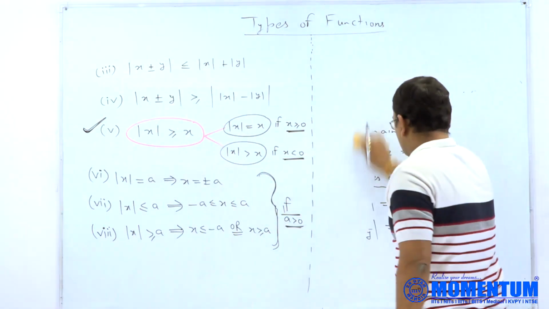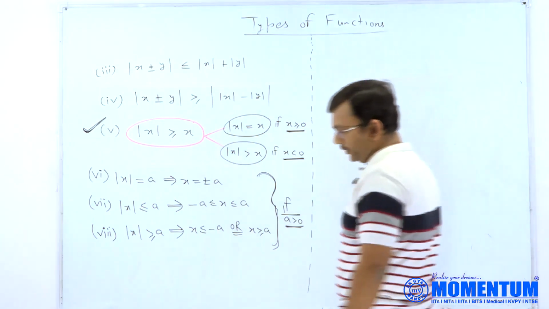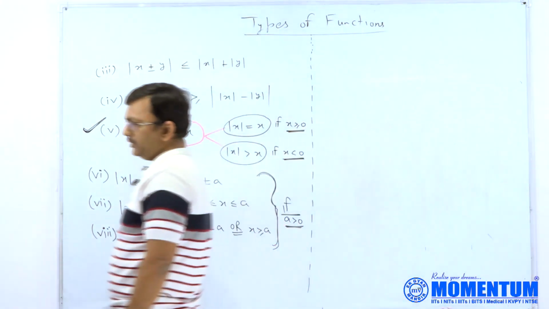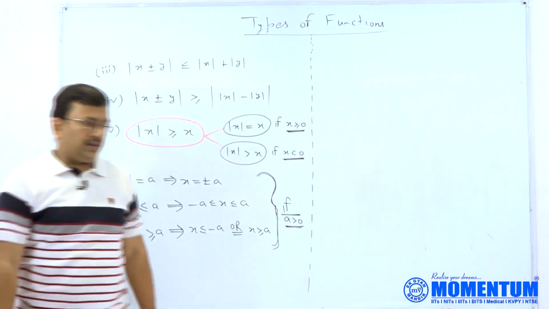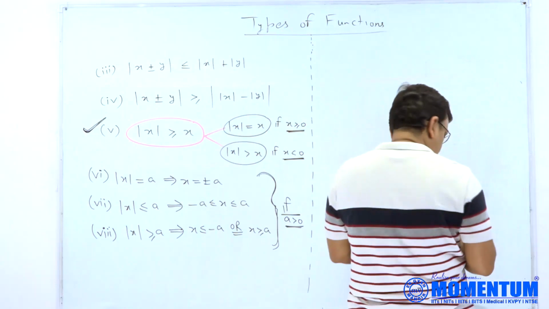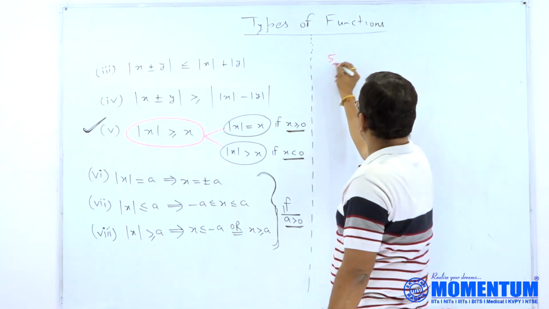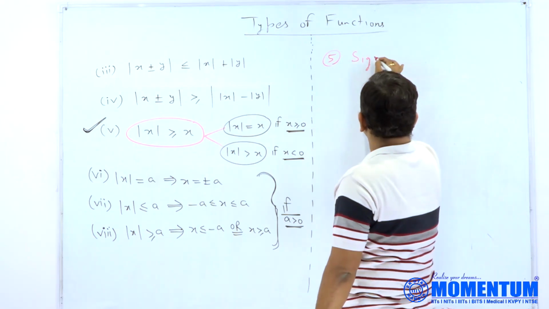So now, types of function. We are talking about types of function. We have started with polynomial, then rational, then linear, then modulus. Now, number 5 is the signum function.